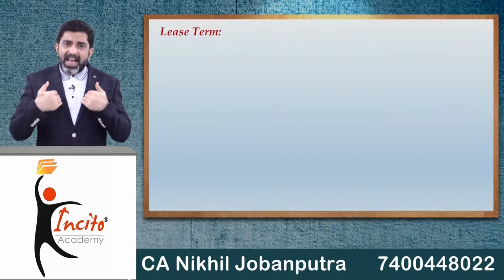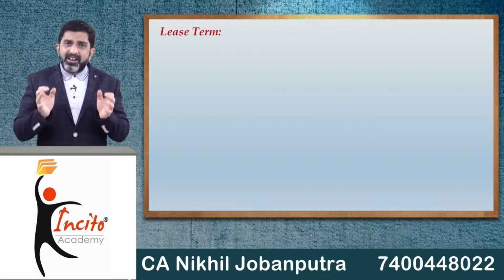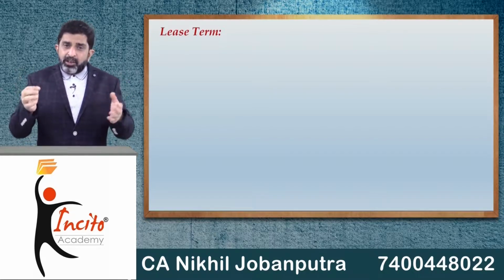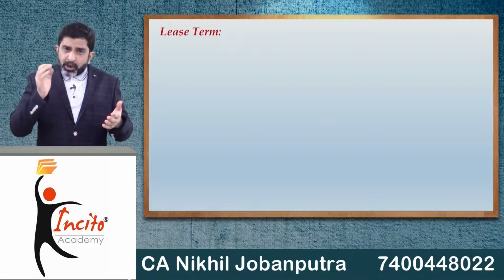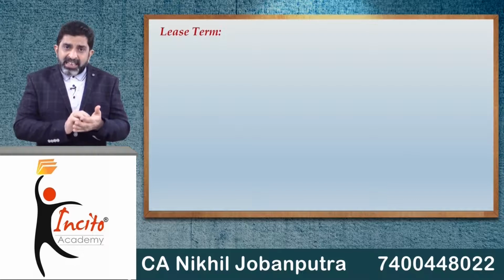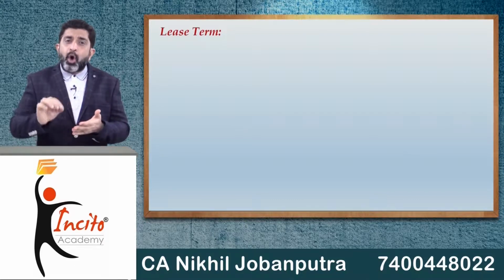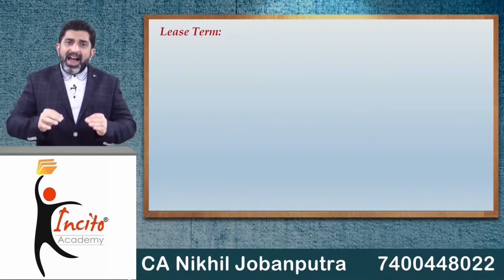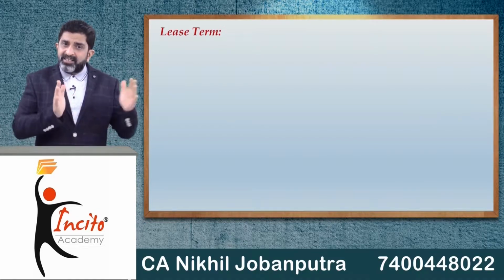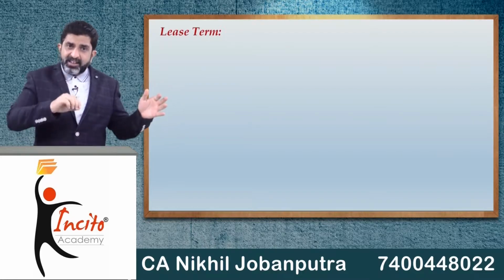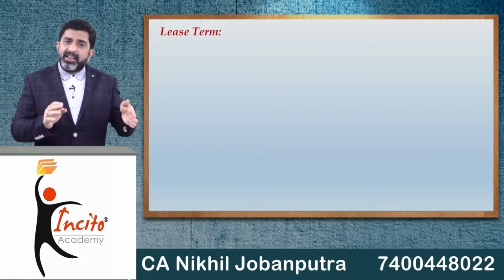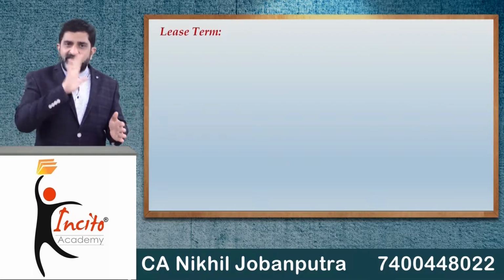Suppose I have taken a premises under lease for 10 years, and the contract of lease includes the fact that the lessee will have a termination option available at the end of 6 years. That means the lease term is 10 years as originally stated in the contract, but the lessee will have a choice of terminating the lease by the end of the 6th year.